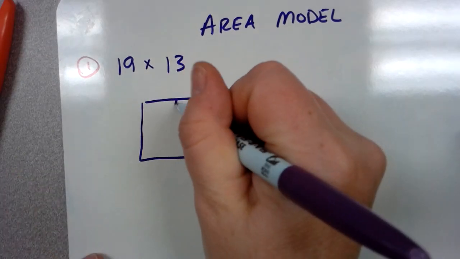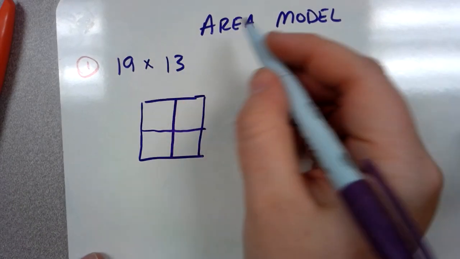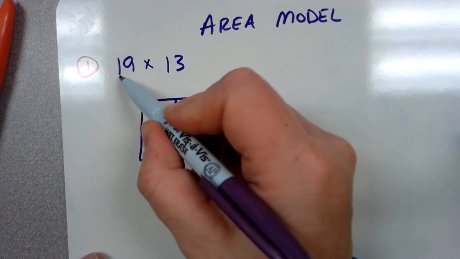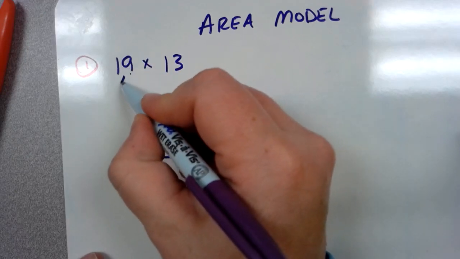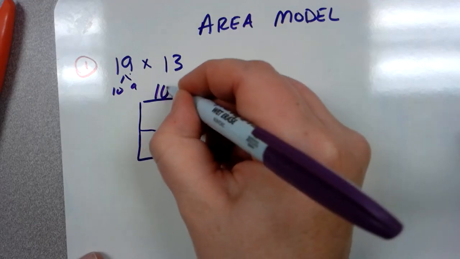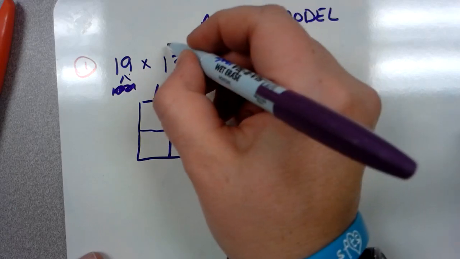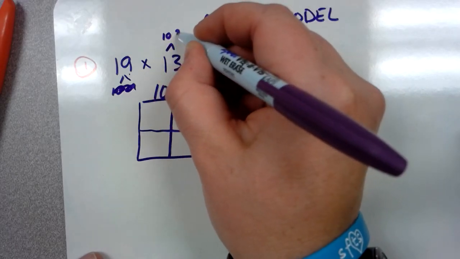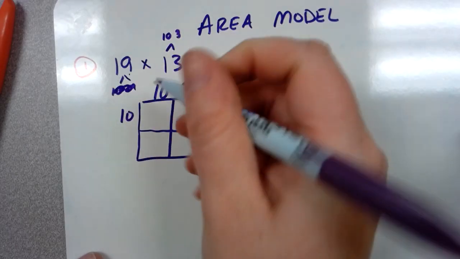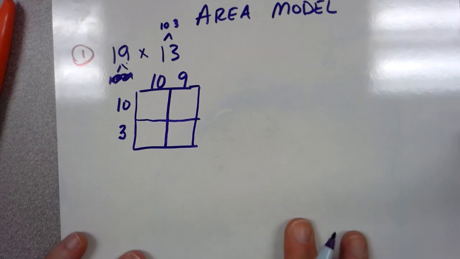So you're going to have 4 blocks here. So I'm going to decompose. 19 decomposes into 10 and 9. I'm going to put that right here. 13 decomposes into 10 and 3. So we've decomposed and we set up our problem here.